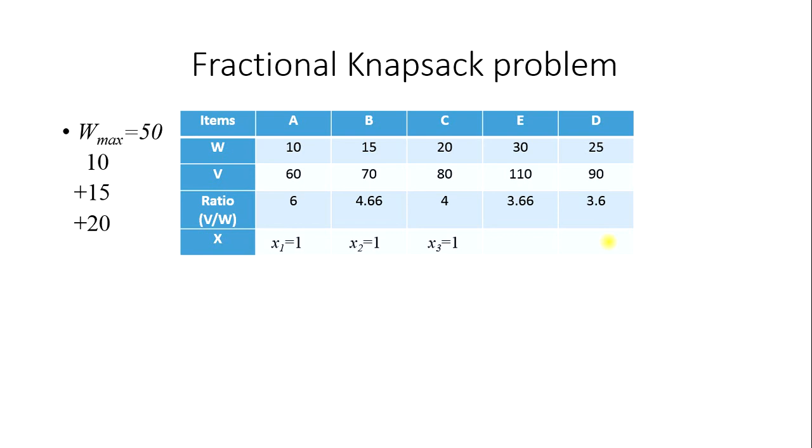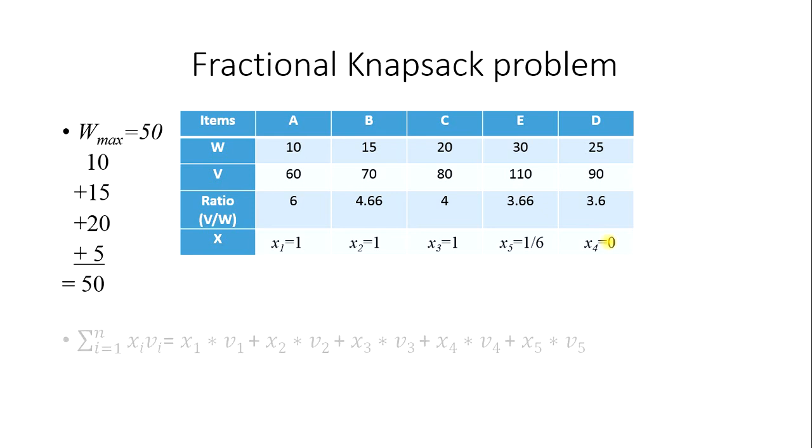So x5 is equal to 1/6, that is 5 kg, so that our bag is maximized up to 50 kg. What about item D? Our bag is full, so we no longer have space. So x4 is equal to 0.